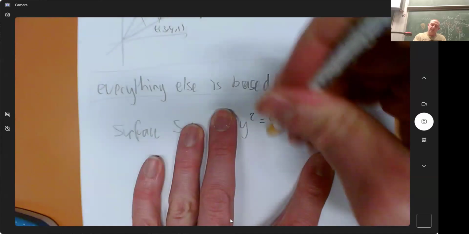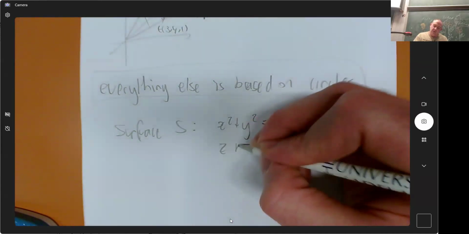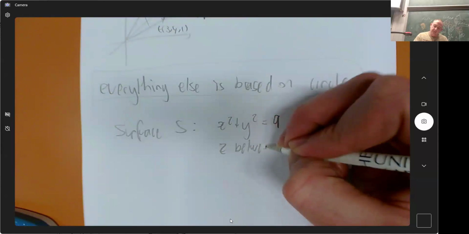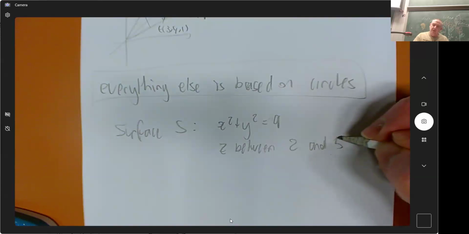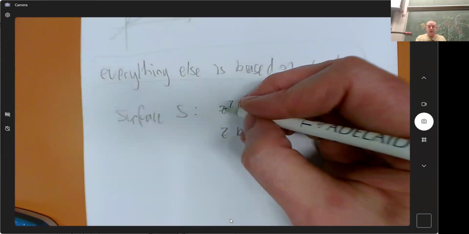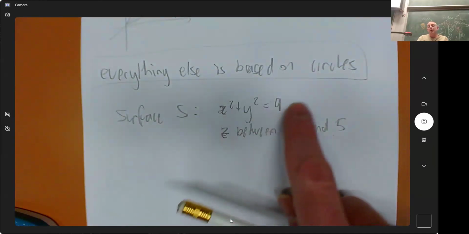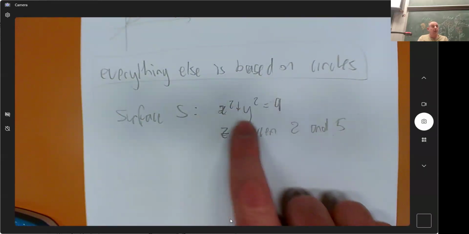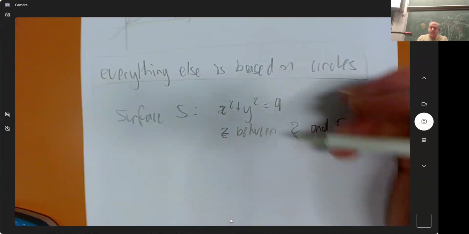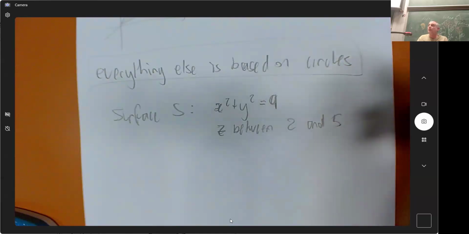No, let's not use 4, let's use 9. And z between 2 and 5. That's a perfectly good description of a surface. So this here describes a surface because it's a single equation in x and or y and or z equals a number. So a single equation involving x and or y or z will always describe a surface of some sort.